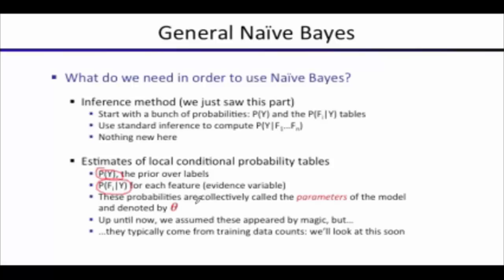Together we call these the parameters, traditionally denoted by theta. We've assumed these are just magically created, but we're going to show soon how you could actually compute them from data, and different ways of computing them, some of which are better than others.